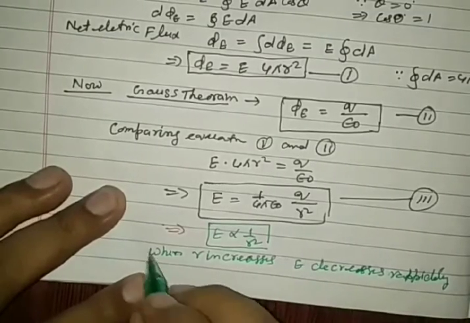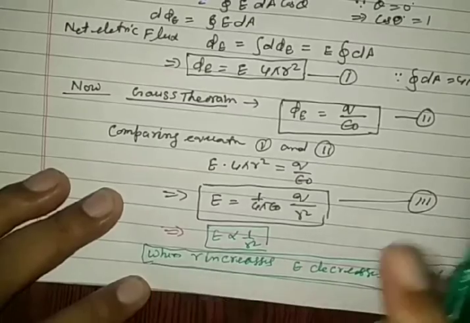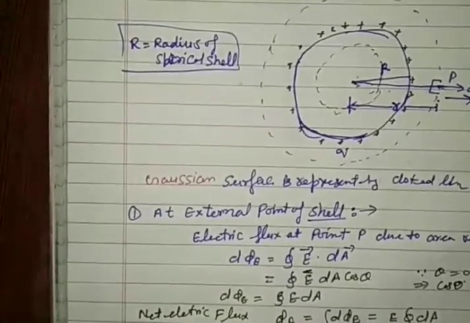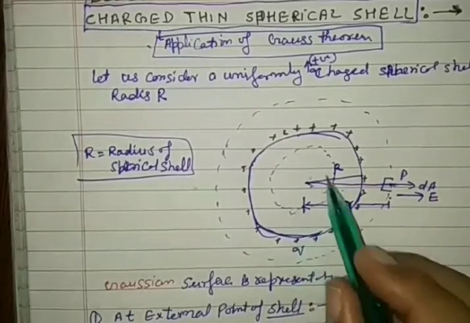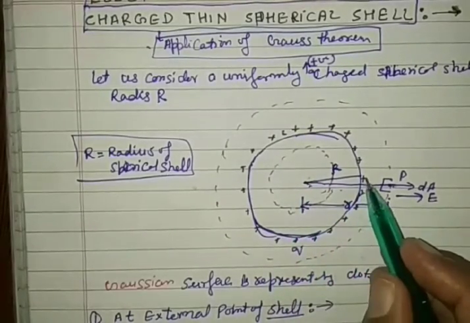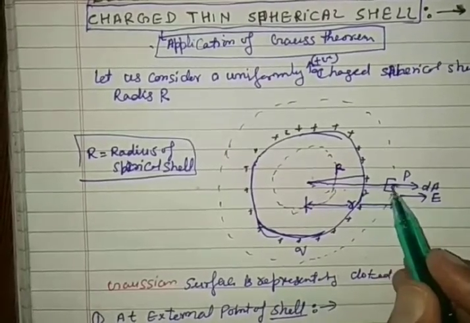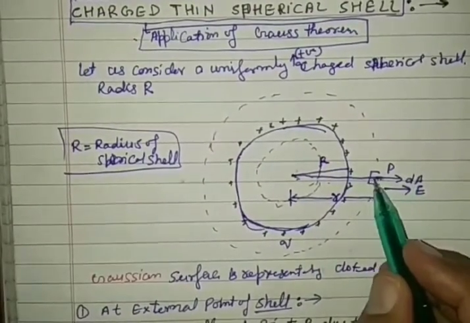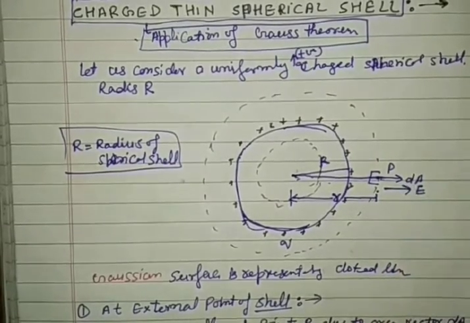So when we move away from the spherical shell, focus on the diagram. Inside the spherical shell, electric field is 0, maximum value at the surface, and further moving away from the spherical shell, electric field intensity decreases rapidly.